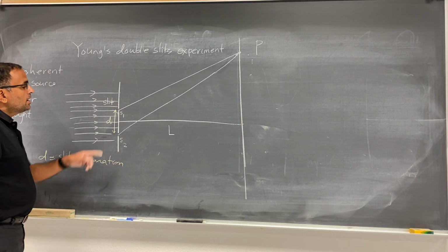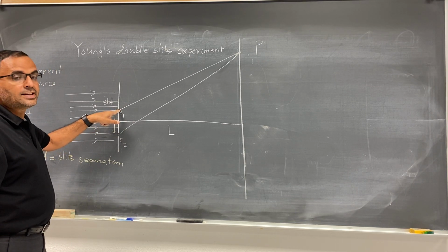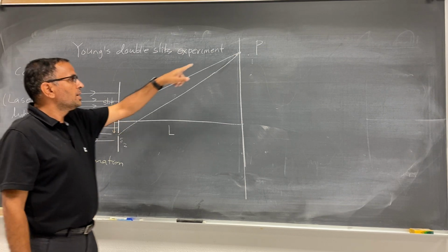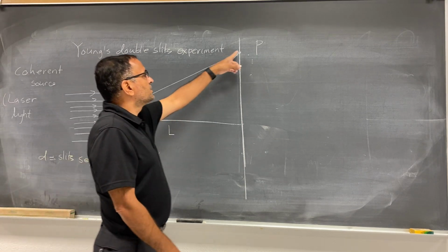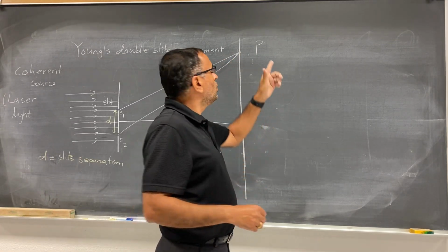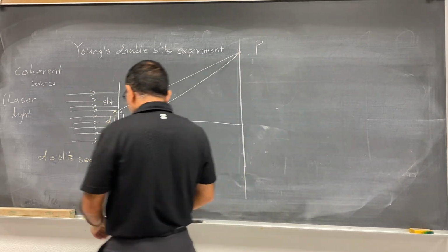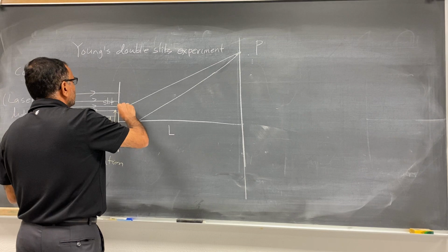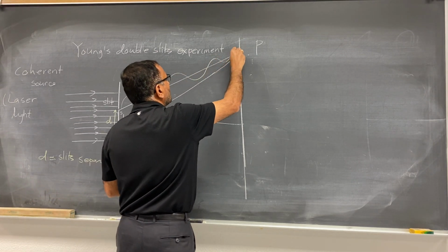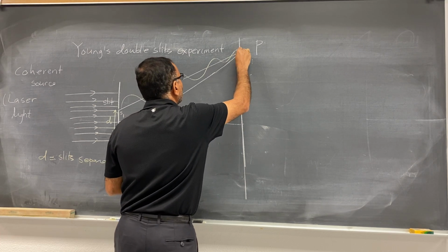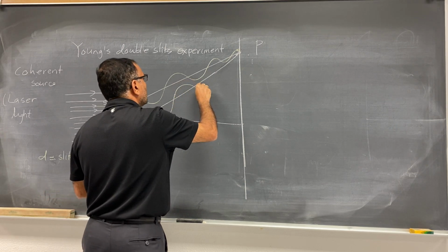This ray coming from slit S1 and another from slit S2 mix up here. Then what types of spot, we call fringe, do you observe here? If they interfere like this, crest falls on the crest, trough falls on the trough.